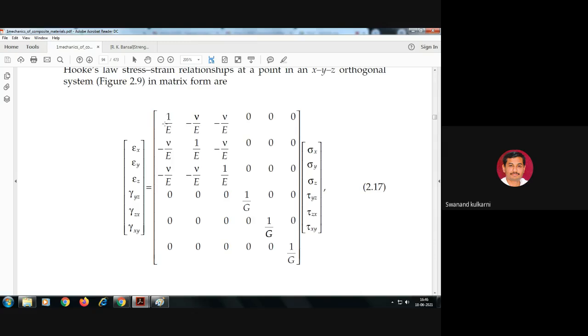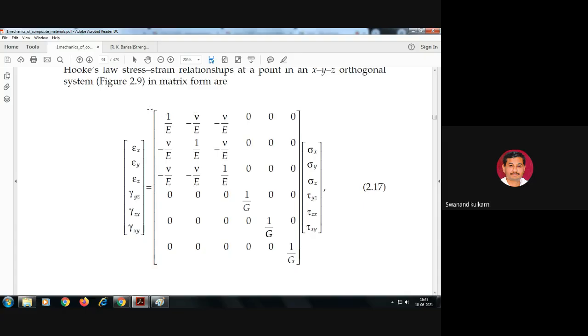Suppose I am using steel here, definitely if stresses are available, for steel I know what is E, what is mu, what is G. All these properties I know for steel, for brass, for bronze, for copper, for anything. But if I want these properties for a composite material, then we will have to think about something different.